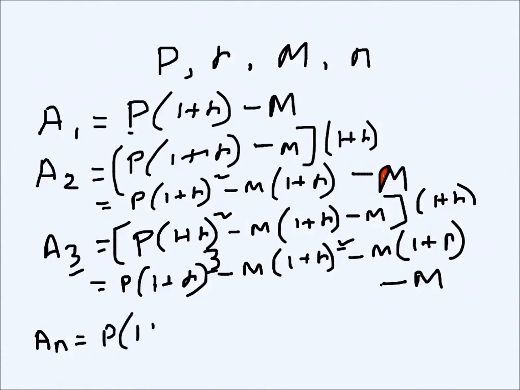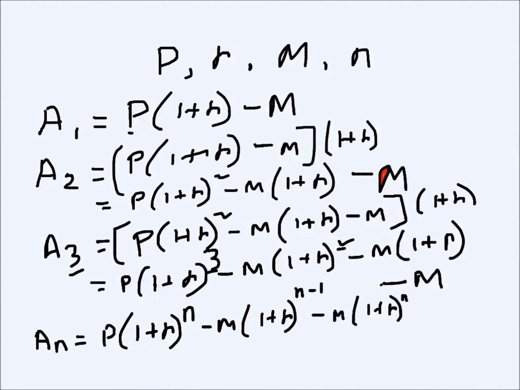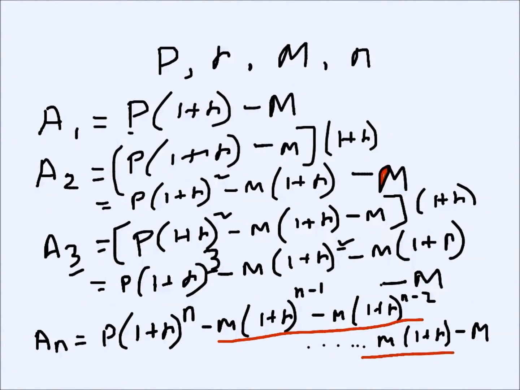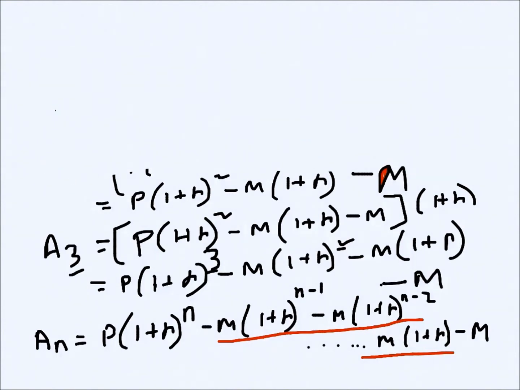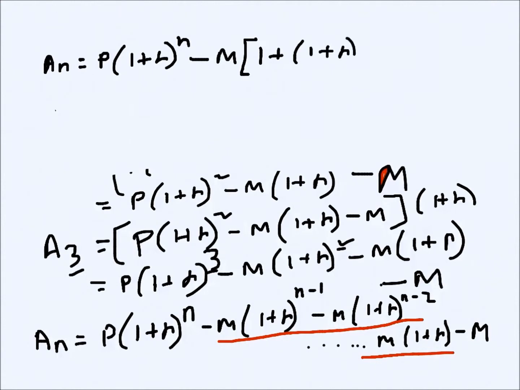So after n months it will be like this: 1 plus r to the n minus 1, minus M, 1 plus r to the n minus 2, going this way, M, 1 plus r, then minus M. I'm seeing that it is P, 1 plus r to the power n, and if I take M out with a negative sign, the bracket has 1 plus r plus 1 plus r square plus going that way up to 1 plus r to the power n minus 1, and then the bracket ends here.